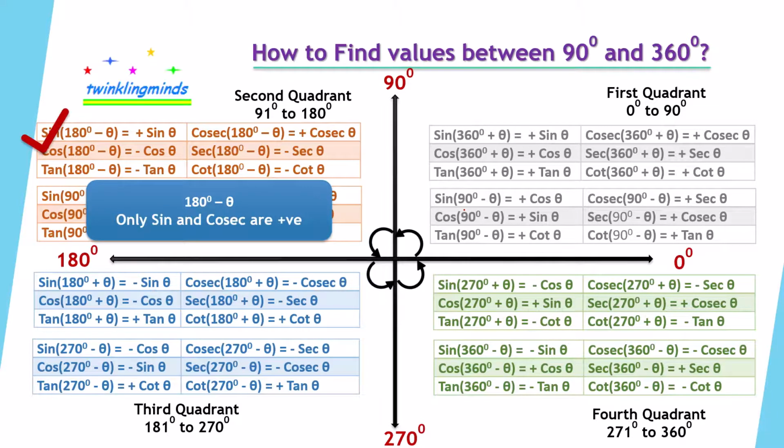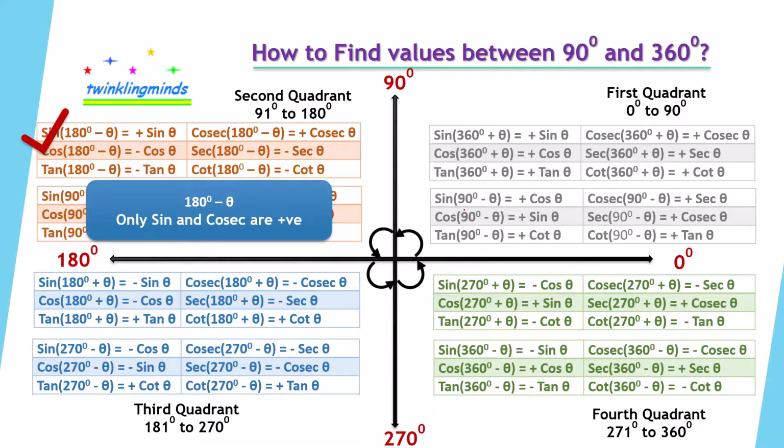In the second quadrant, we use only the 180 degrees minus theta notation. Why? That is because if we use 90 degrees plus theta notation, for example, if we are calculating a value of sine in the second quadrant and using 90 degrees plus theta notation, then you need to find the theta value and use the cosine function, and this is going to create a lot of confusion for a few.